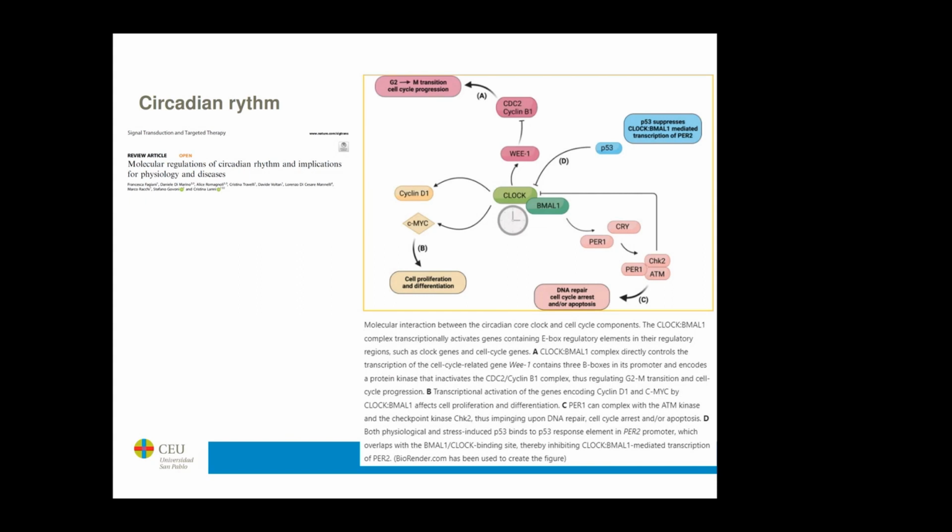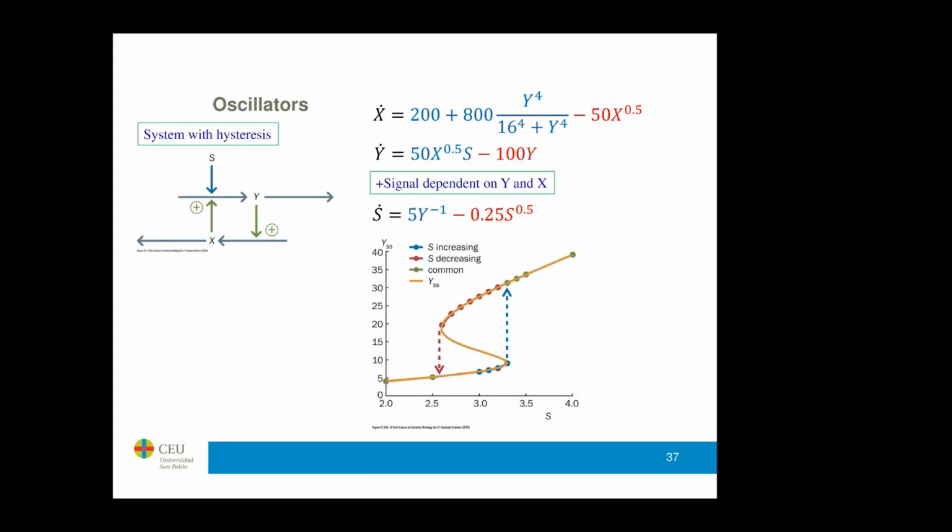And then this one activates this path, but this path negatively affects this one. So there are, again, genetic circuits and biochemical pathways that are regulating these rhythms. And at the core, what we need is some kind of oscillation. This kind of oscillation can be achieved with this system, for instance.